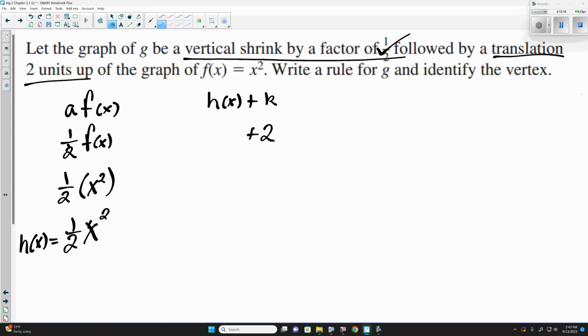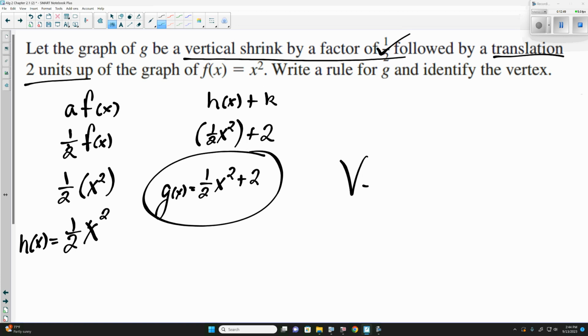No, I mean, we're adding the 2 to the function, but I can still replace h of x with 1/2 x squared. I'm not having to plug anything into h of x specifically. And if we simplify, we get that g of x is equal to 1/2 x squared plus 2. That's it. That's our function.